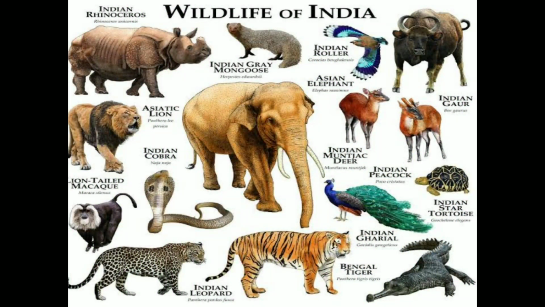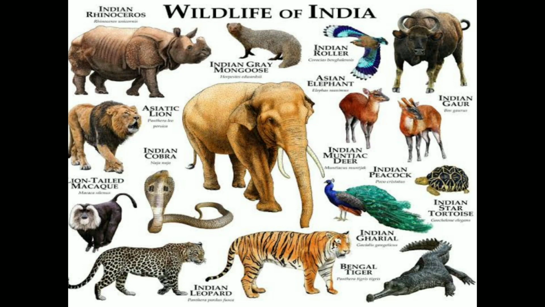Now coming to the point of the wildlife of India. Now the animals and plants, basically India is home to thousands of varieties of animals, birds, plants, flowers, etc. If you see the picture, how many kinds of animals you can see.